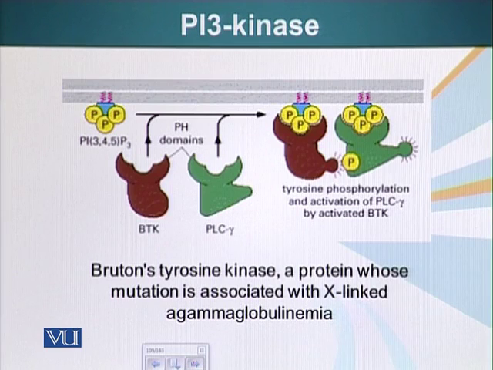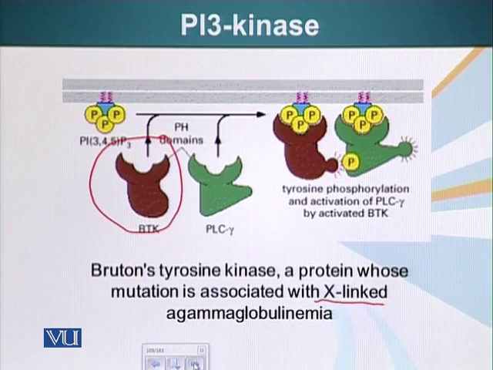I would like to also mention here that BTK is basically Bruton's tyrosine kinase. This kinase is coded by a gene present on the X chromosome, and if there's a mutation in this protein, you can well imagine the B cell receptor, if it is getting a signal and it's not being conveyed to the rest of the cellular machinery, it will result in inactive B cells.